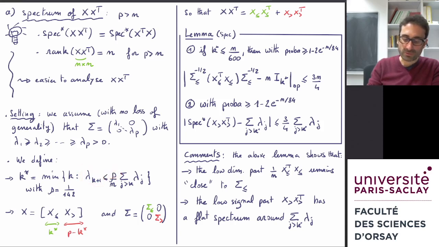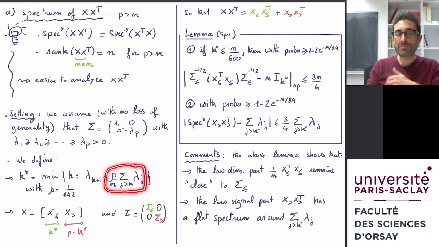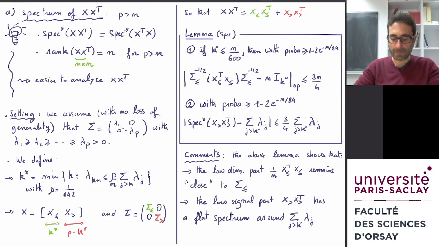Here the constant will be 1 over 142. There is nothing special with this number; it is just a small numerical constant. So we look at the smallest k for which the eigenvalue lambda k+1 is smaller than this constant over n times the sum of all the remaining eigenvalues.